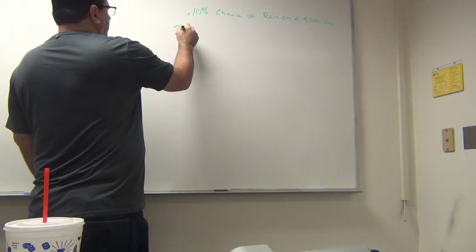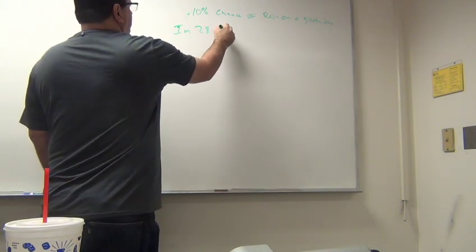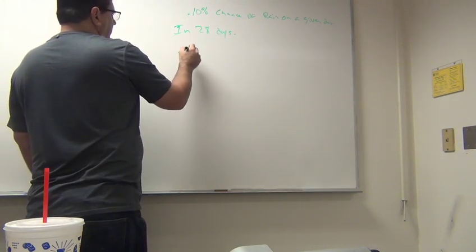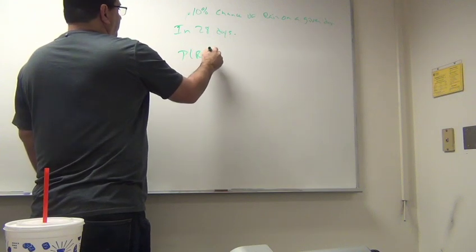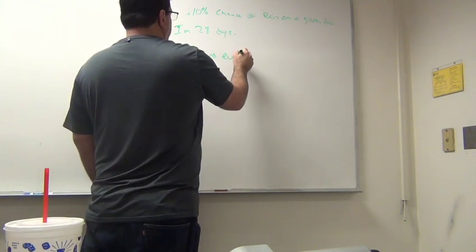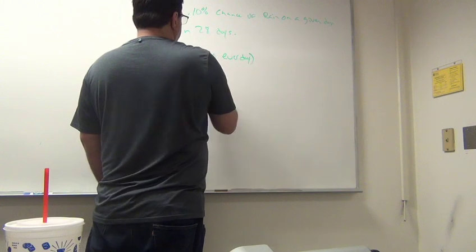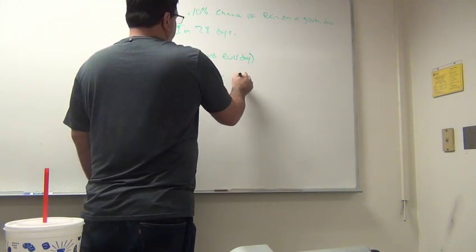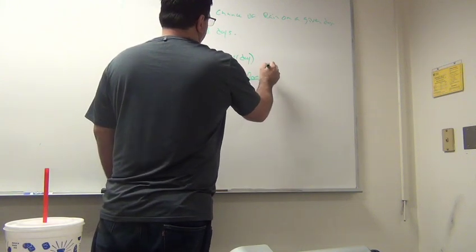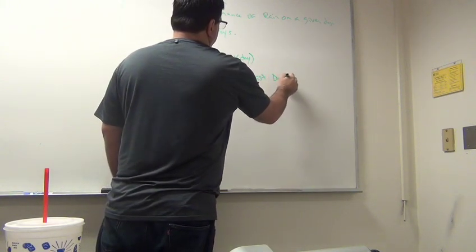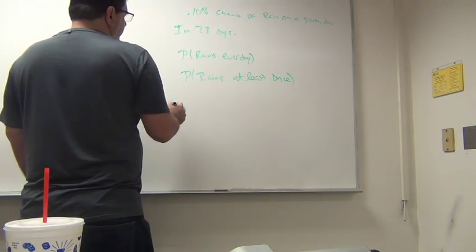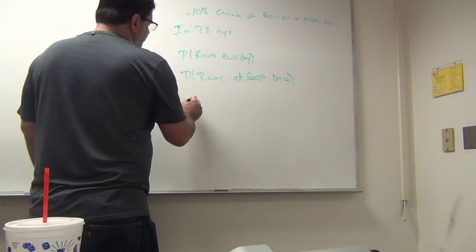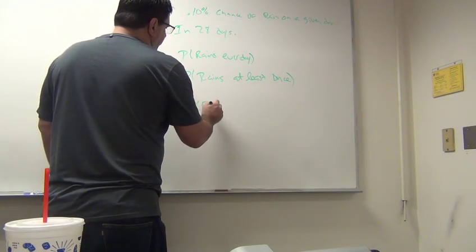So, in 28 days, let's find the probability that it rains every day. Rains at least once. Let's find the probability that it rains exactly 4 times.